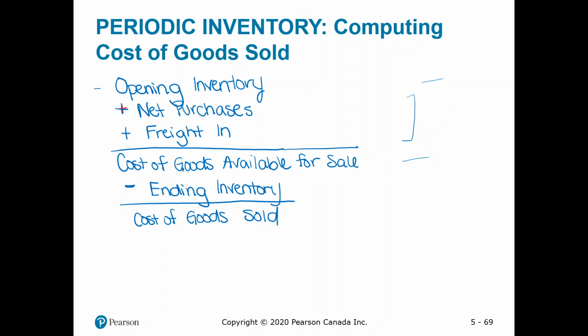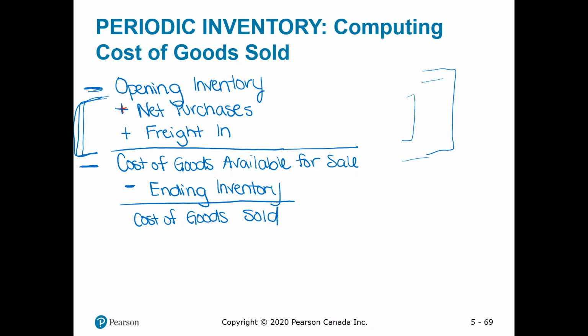So it makes sense if you really just step back and think of this. And this is not reality, but I think it's a good way to think of how you could do this. Let's say that a company purchases everything that they think they're going to sell in the year right at the start. So start of January, they have their opening inventory that they counted. They have this kind of estimate. They decide how much they think they're going to buy or be able to sell in the year. So they do all of these purchases up front. Again, this is not reality, but just thinking about it to kind of understand this. So whatever they started the year with, then they have all of these purchases that arrive.